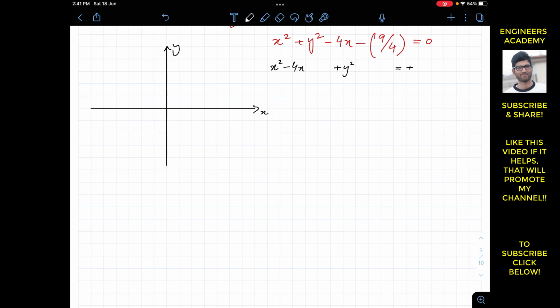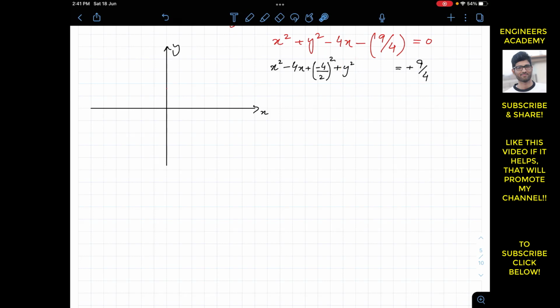So this will be equal to plus 9 divided by 4. Now we need to complete the squares. This is x square minus 4x, so we need to add minus 4, which is the coefficient of x, divided by 2, and then take the square, and there is no need to complete the square for this y square.